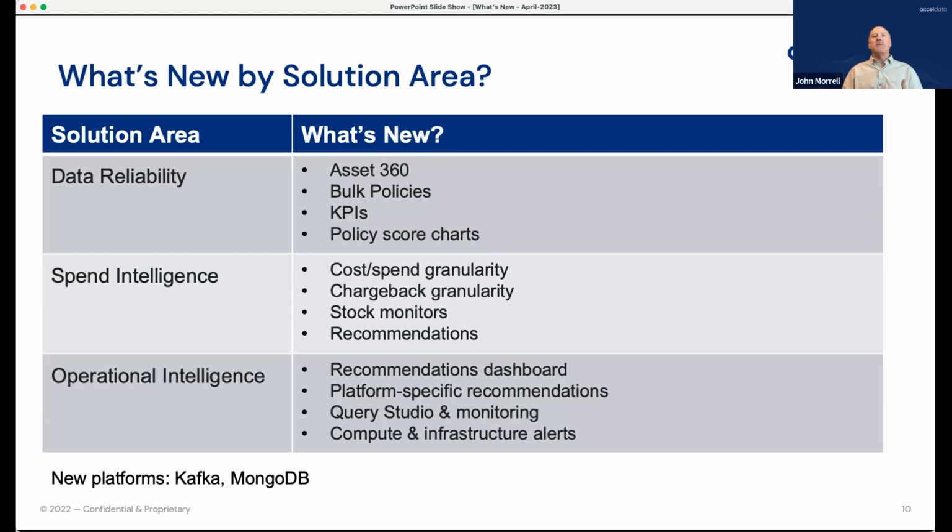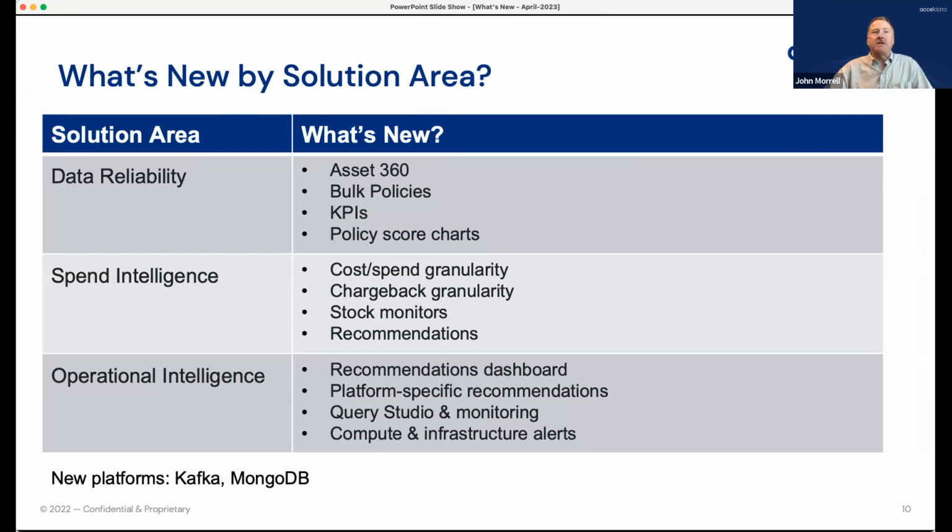We have new combined KPIs and policy score charts that allow you to keep, again, this 360-degree view of what's going on with your particular assets and understand what's going on from an overall data health standpoint.